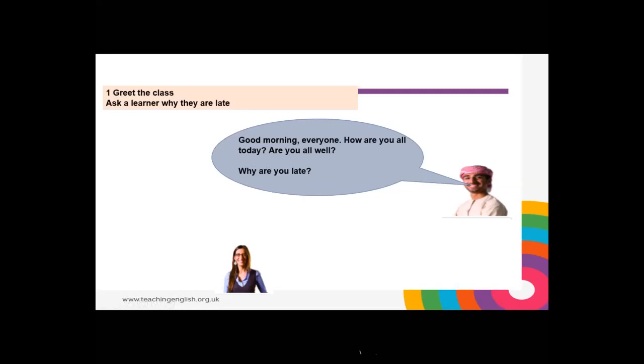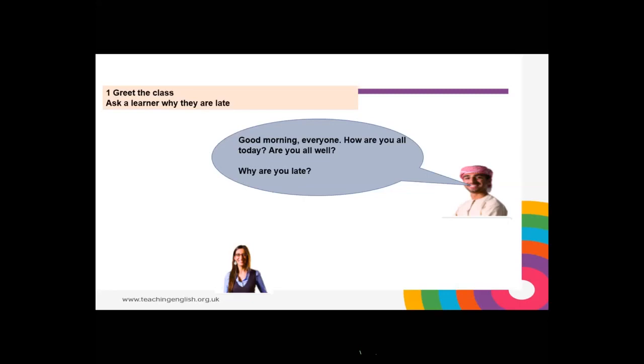So here is an intonation. Can you find the intonation? When I say, are you all well? Again, are you all well? Try to say it. Are you all well? Excellent. Okay. This is called a rising intonation.